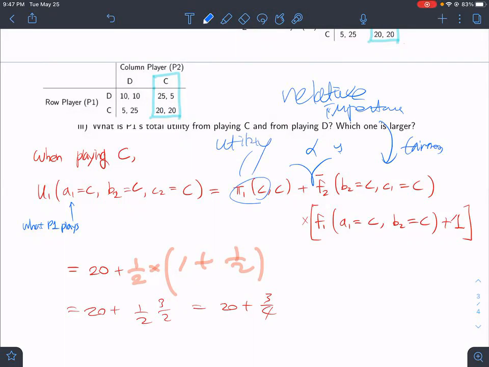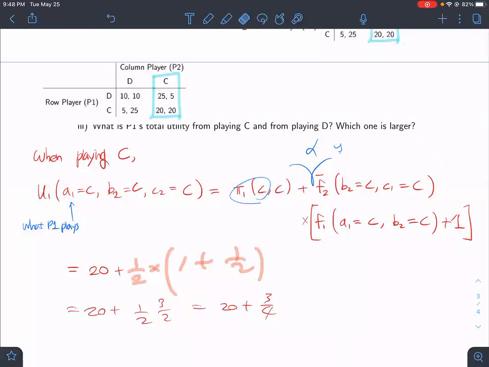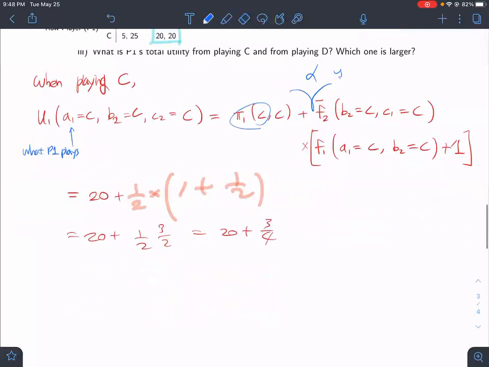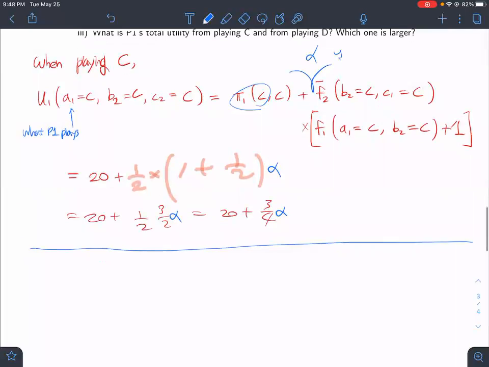There's some term that we need to compare two different utilities. So we need some assumptions on alpha. So let me put alpha and alpha here. So this is the utility when I'm playing C.